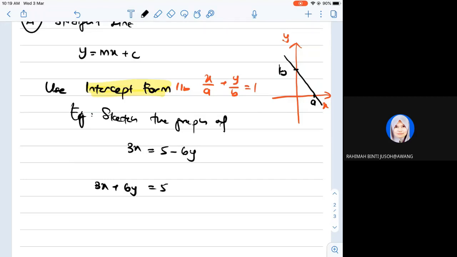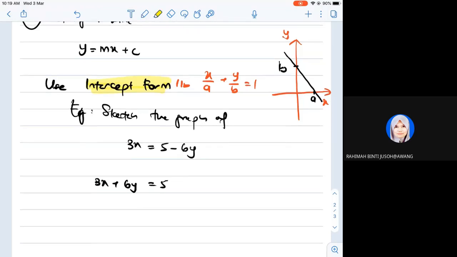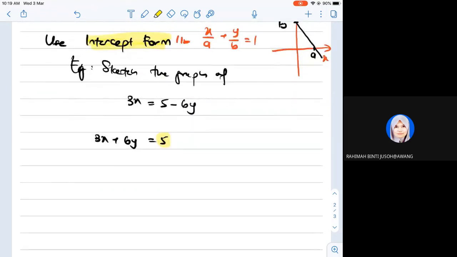Okay, next step, what you should do is you have to ensure the value on the right equivalent to 1. So what you should do next is, kita kena buat apa nak jadikan 5 ni 1? We have to bahagi 5. Yes, bahagi 5, divide everything by 5.